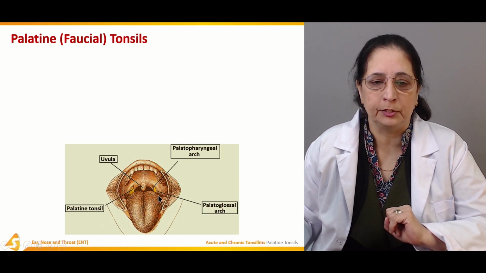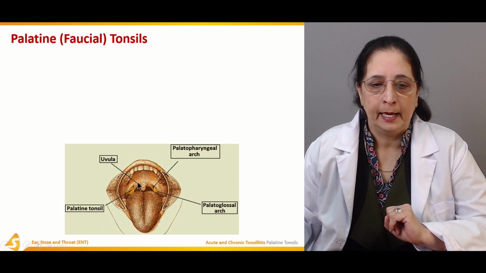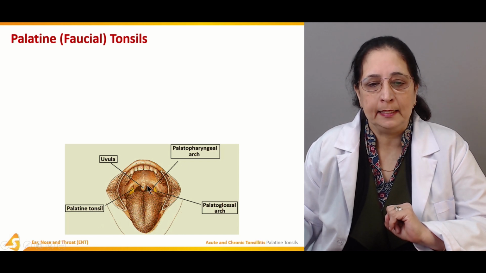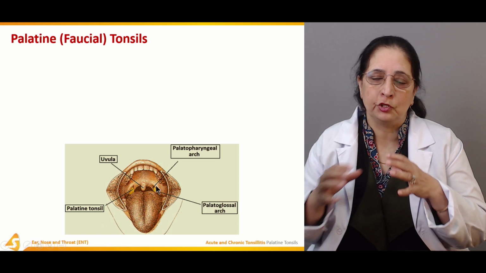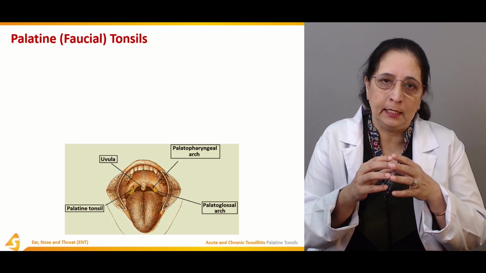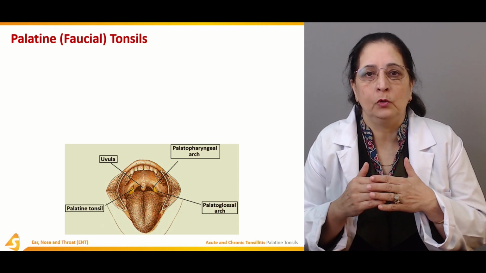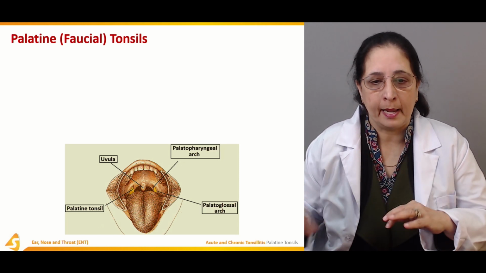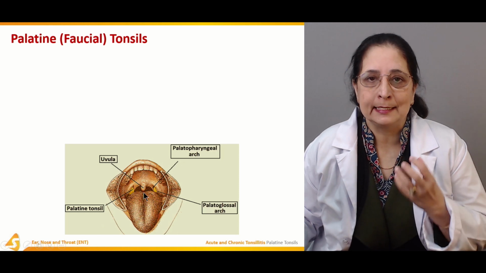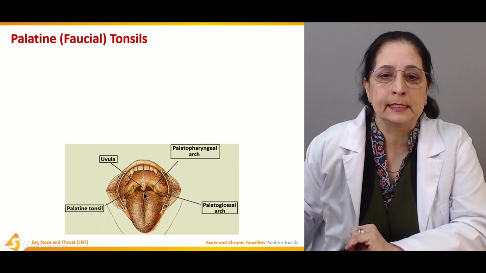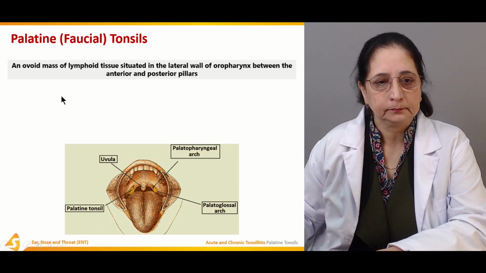And then here on top is the palatopharyngeal arch between the palate and the pharynx. So tonsils are in between the palatopharyngeal and the palatoglossal arch on the back. So this is the exact location of the palatine tonsils.